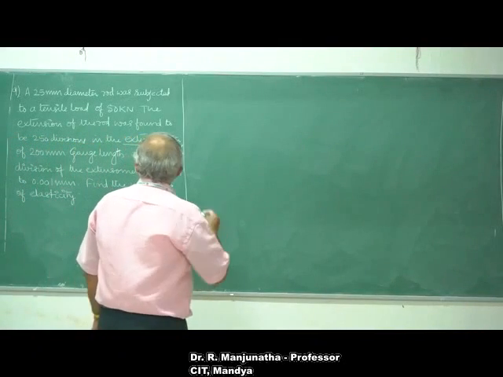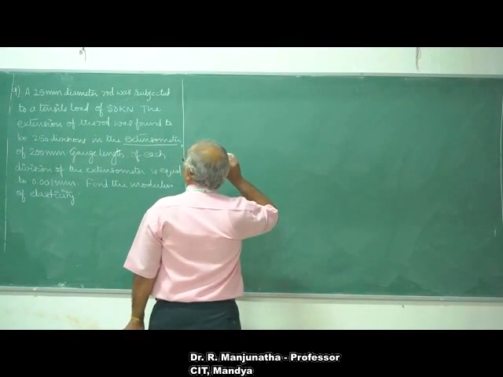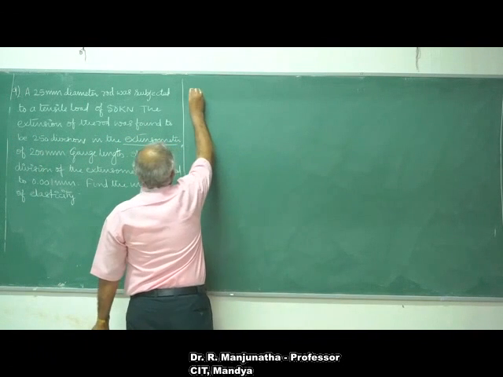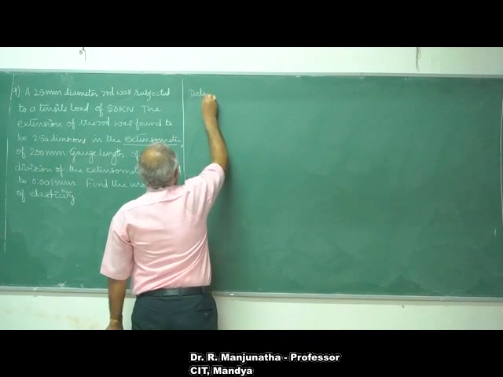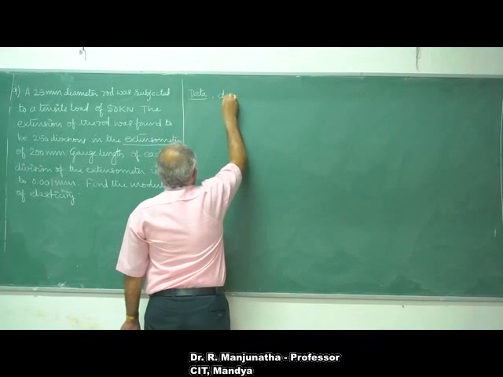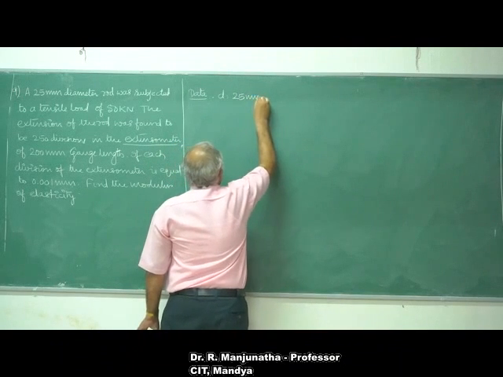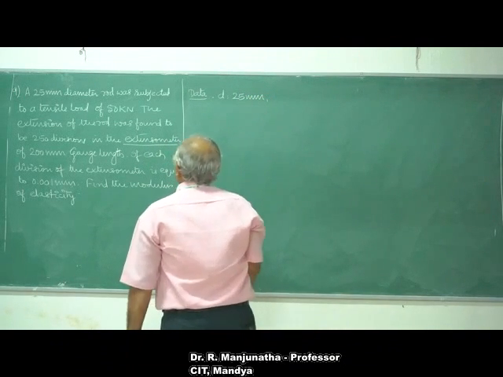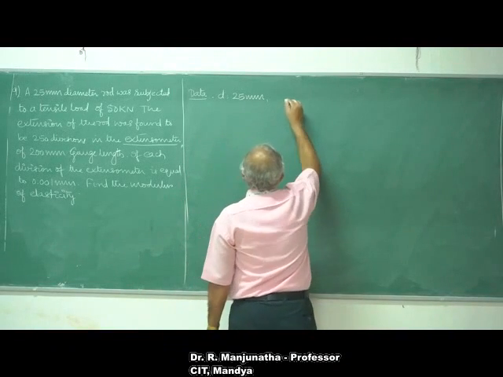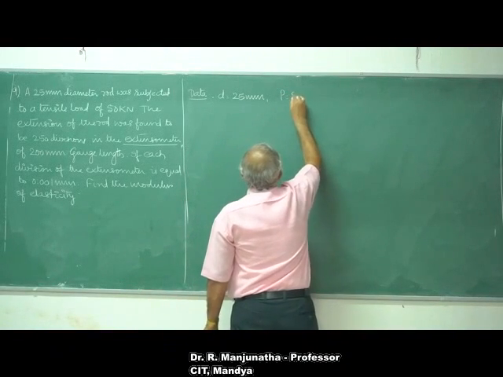So now we need to solve the problem. A 25 mm diameter rod, so the diameter D is 25 mm, was subjected to a tensile load of 50 kilonewton. So P is 50 kilonewton.